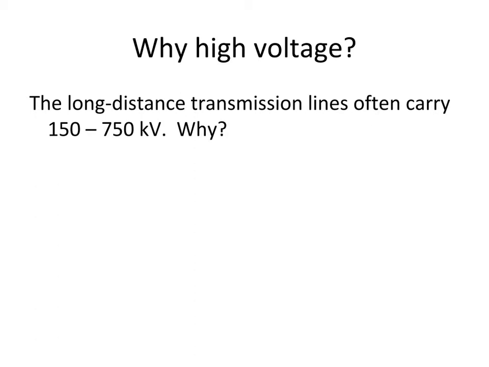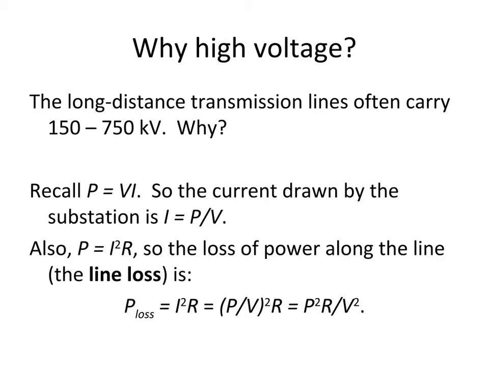So why do we use the high voltage? Well, typically long distance transmission lines will carry electrical power anywhere between 150 to 750 kilovolts. Well, remember that power can be calculated by multiplying voltage by current. So the current drawn by a substation, if we rearrange that equation, is equal to power divided by voltage.